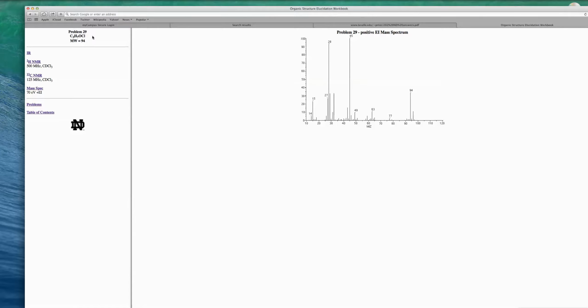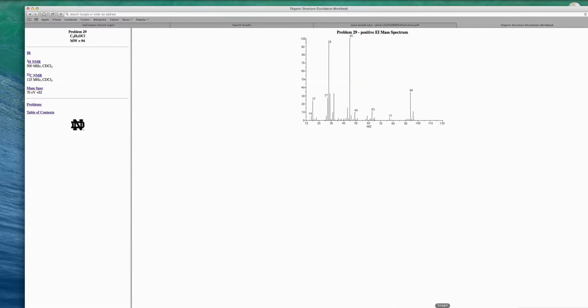There are no rings, and there are no multiple bonds. So we're looking at an alkyl group that has an oxygen and a chlorine. First thing we want to look for is, is that oxygen an alcohol, or is that oxygen an ether? Because those are really the only two functional groups that it could possibly be.